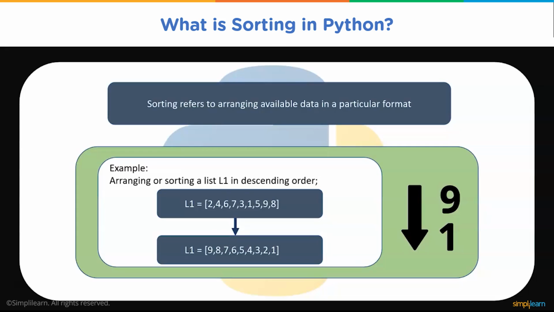If you take an example which is available on the presentation, here you have a list L1 where you have random numbers which are unsorted, and then you have a sorted array which is in descending order, meaning highest number first and the lowest later. So generally any algorithm which you implement for sorting provides you an organized sorted list either in descending or ascending order.